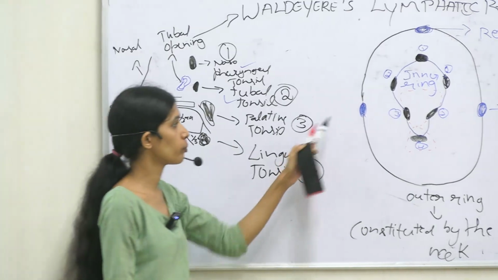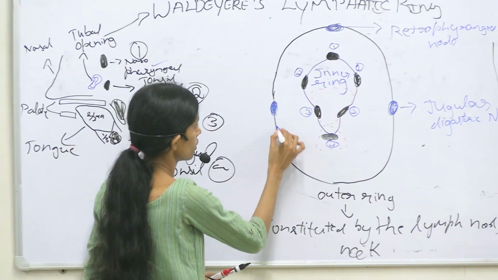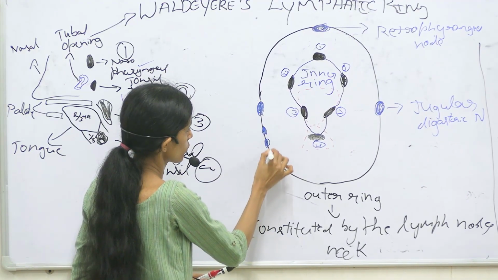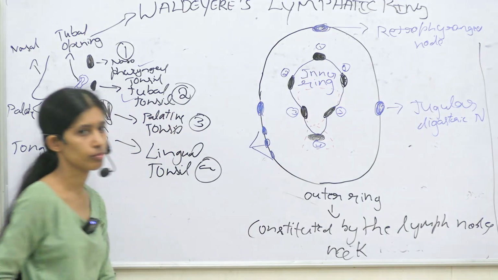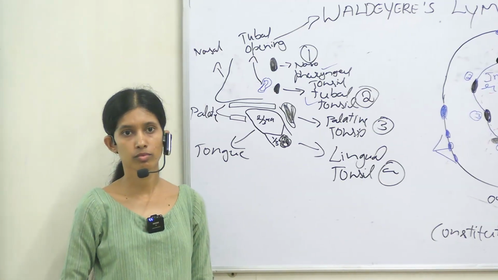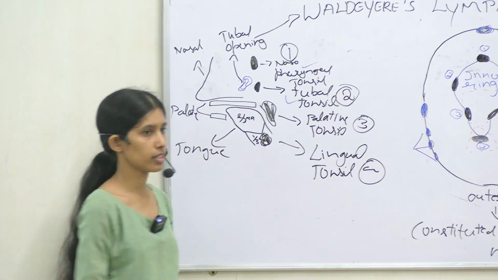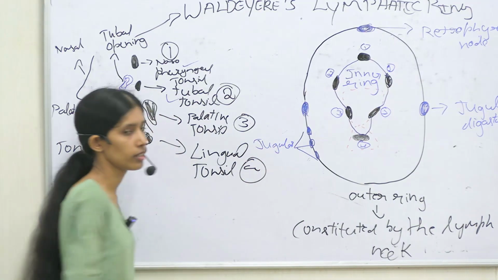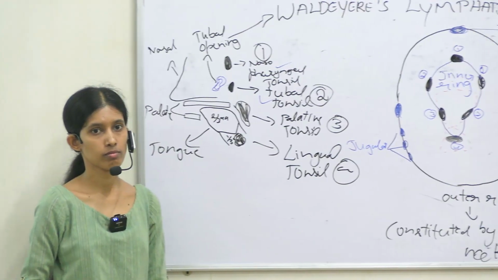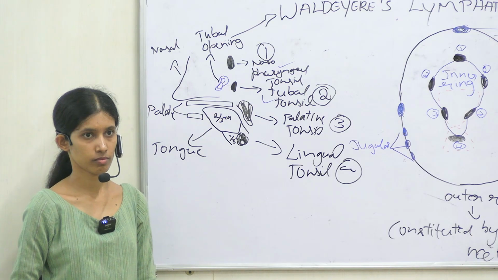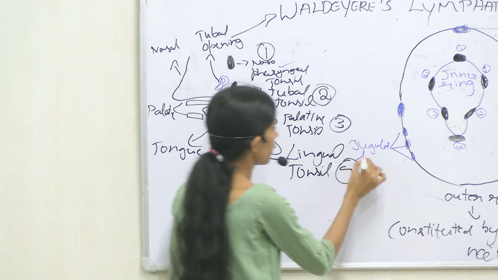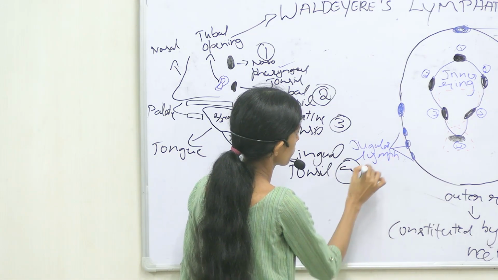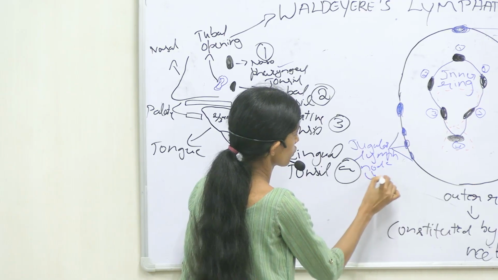Okay. Followed by the jugular digastric we have a chain of nodes. What is this chain called? Jugular lymph node chains.